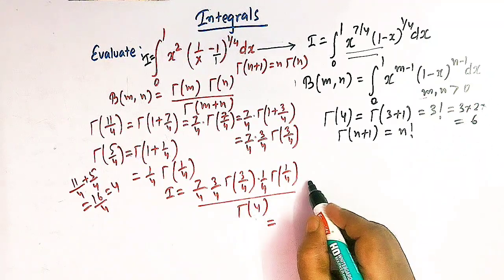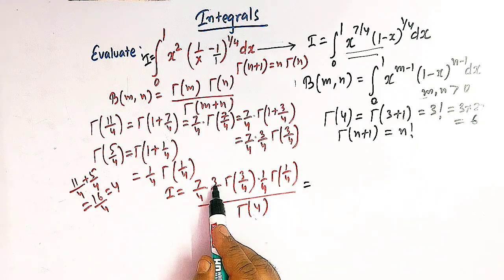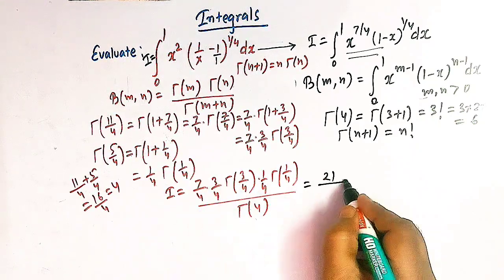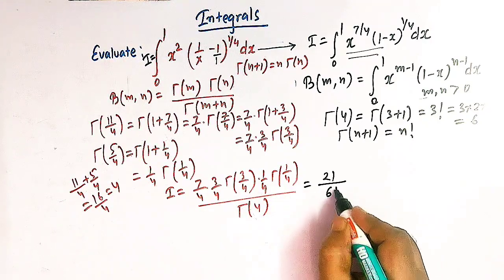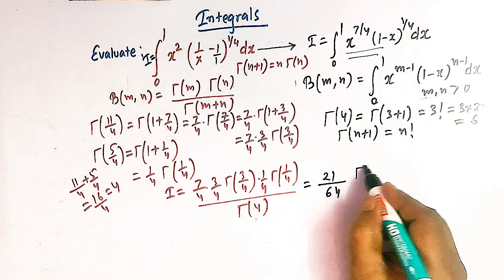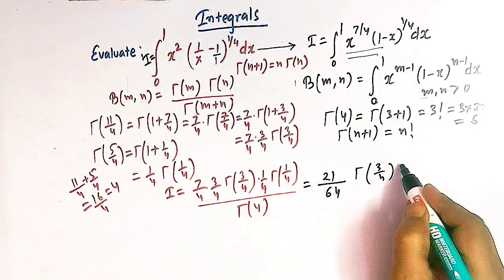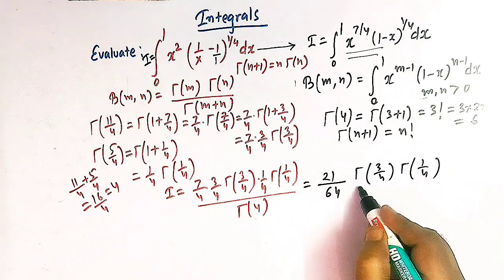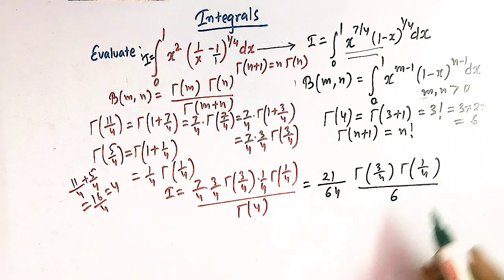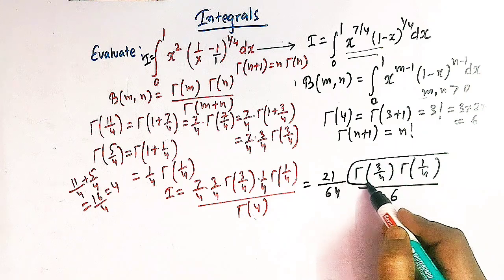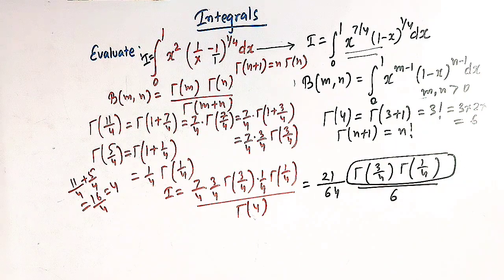So now here we can write, 7 times 3 is 21, and 4 times 4 times 4 is 64, and then we have gamma of 3 by 4 and gamma of 1 by 4, and here gamma of 4 is 6. So now we can express this quantity by using Euler's reflection formula.